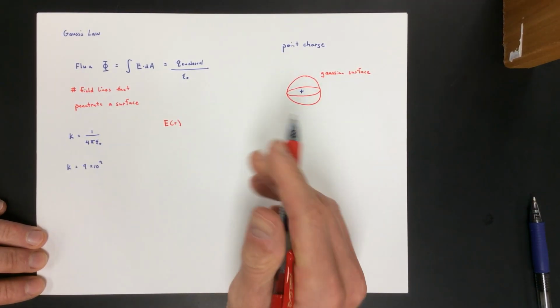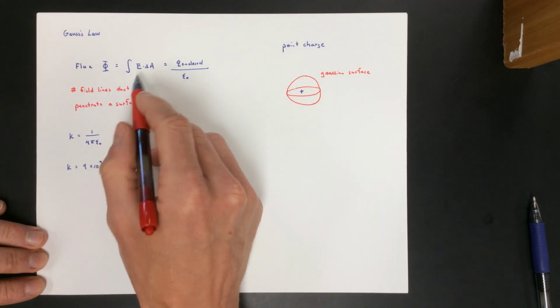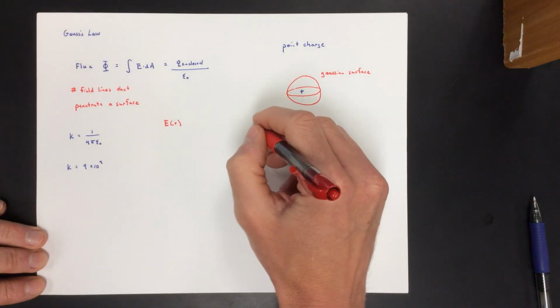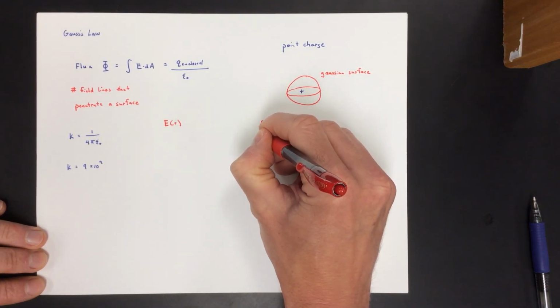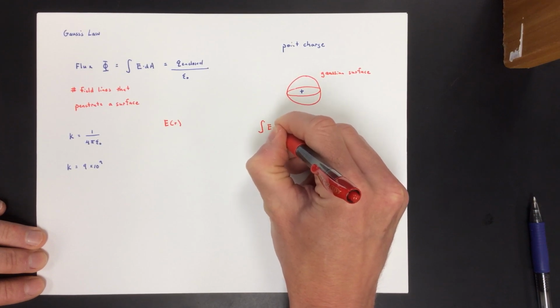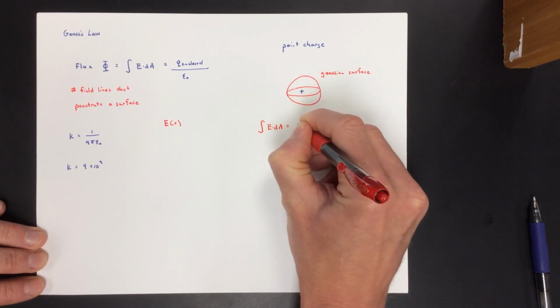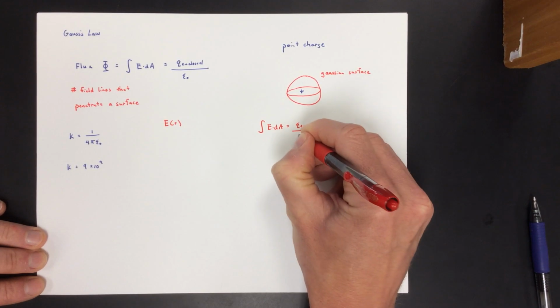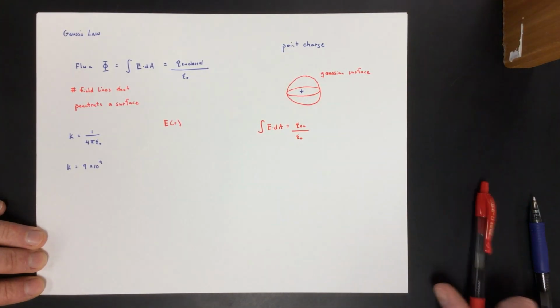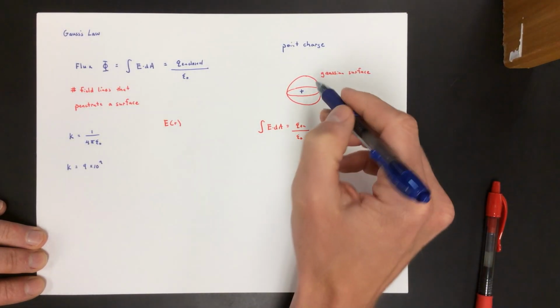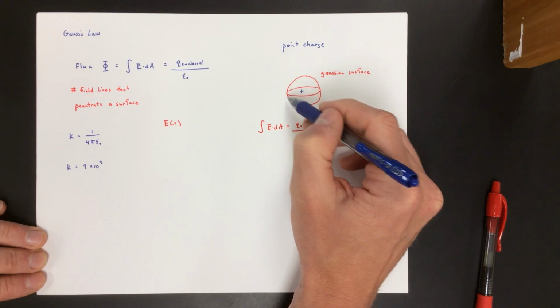What we're going to do is our Gaussian surface is going to involve this dA. When you look at Gauss's law, we say that the integral of E dot dA is equal to the charge enclosed over epsilon naught. Now, my Gaussian surface is placed in a way that it's symmetric.